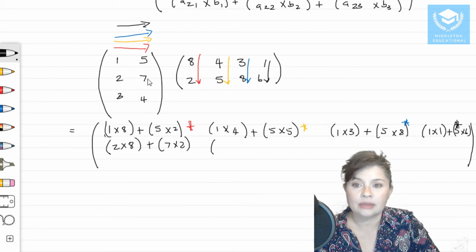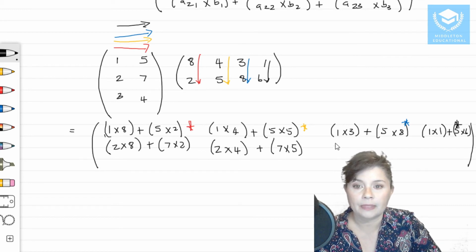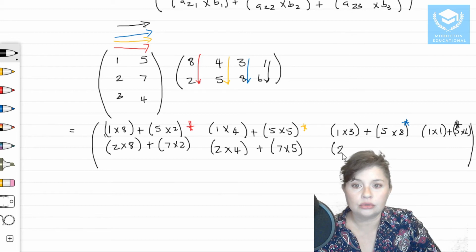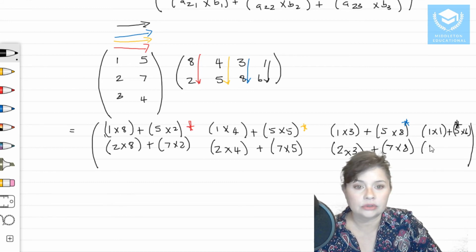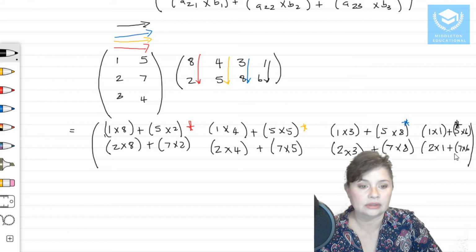Then you have the same row with the next column, so it will be 2 times 4, 7 times 5. Next position you do with the blue arrow: 2 times 3 plus 7 times 8. And the last one will be 2 times 1, 7 times 6.